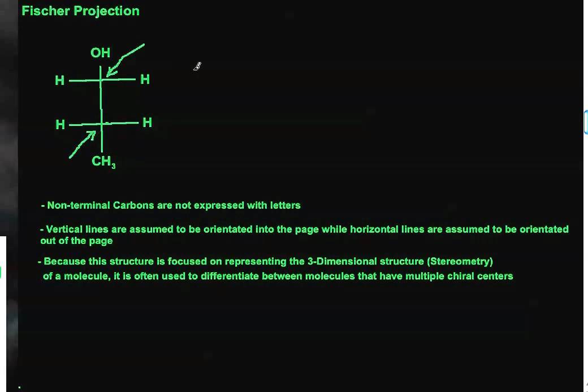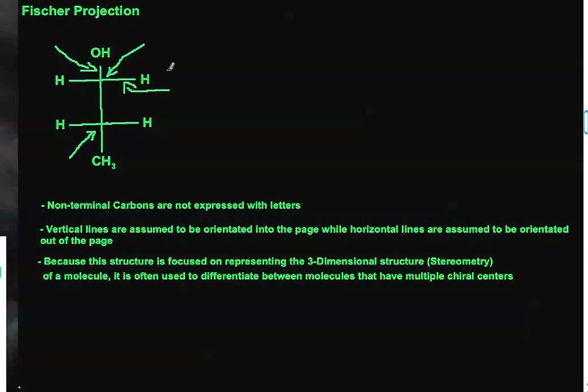And another thing that you should note is that in this model, in order to get a three-dimensional view of things, all horizontal lines, such as this one here, are supposed to be viewed as if they're coming out of the page towards you. And in contrast to that, we have all the vertical lines, which are assumed to be going back into the page.